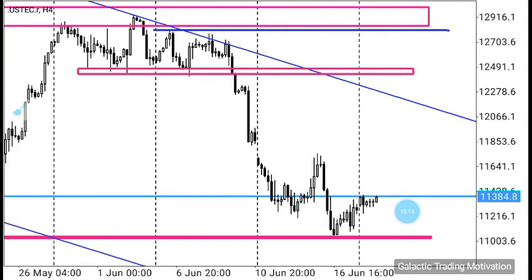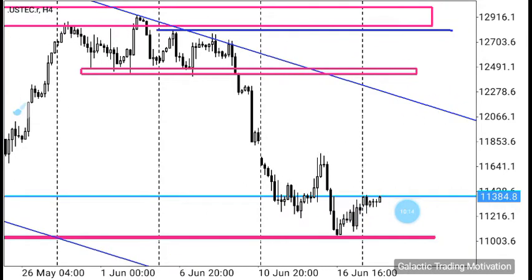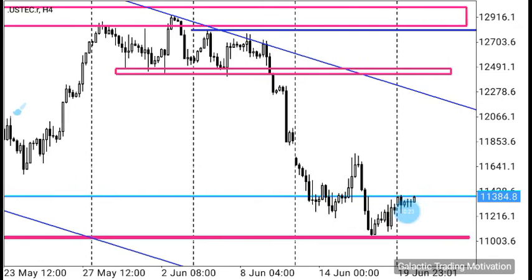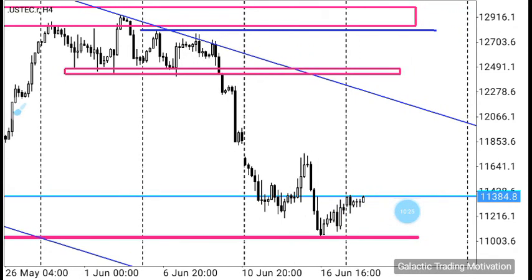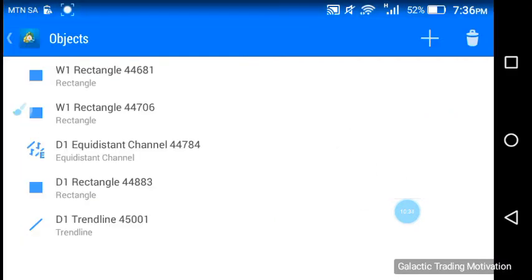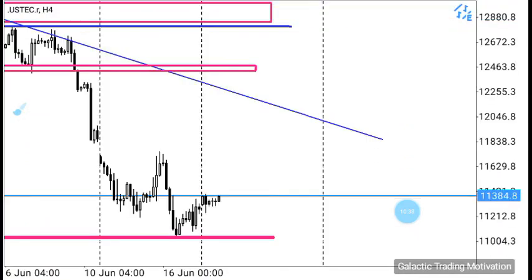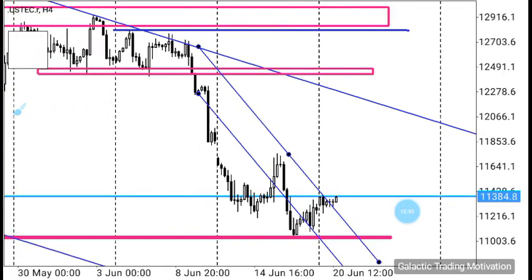So now that we're here on this H4 chart, what do we see that is interesting? Let's see. Before we continue, actually, what I'm going to do now is add a channel to the H4 chart. Just bear with me.